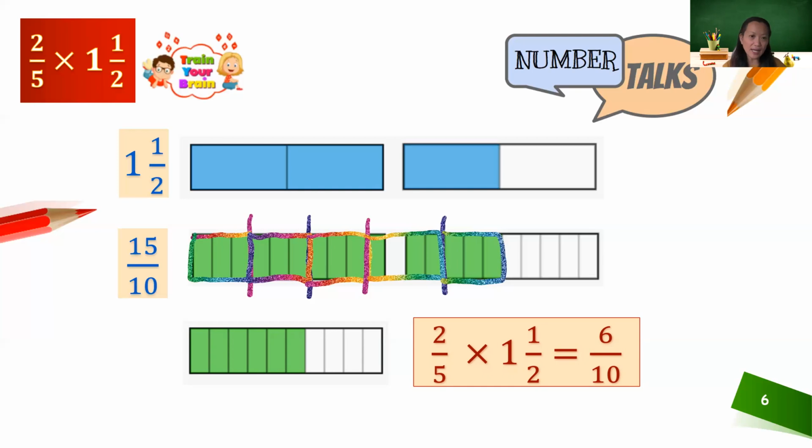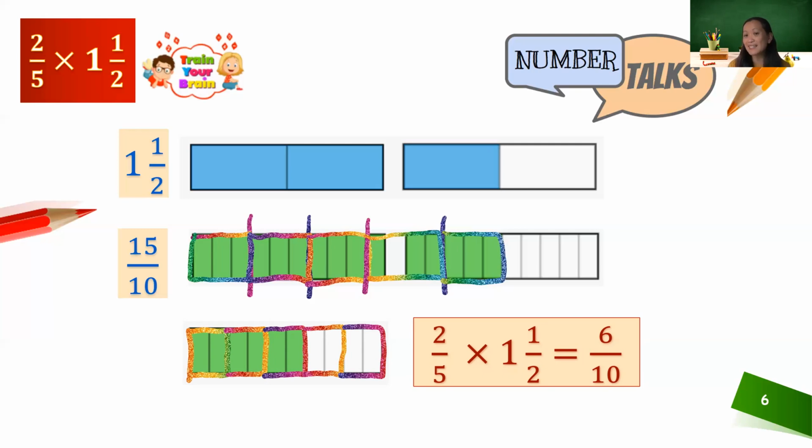Now 6 out of 10, well, 6 is an even number and 10 is an even number, so I'm feeling like I could do this. If I look at the equal parts a little bit differently and say those are my equal parts, then I would have 5 equal parts, 3 of them shaded.